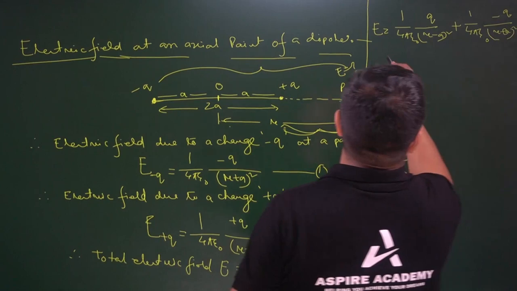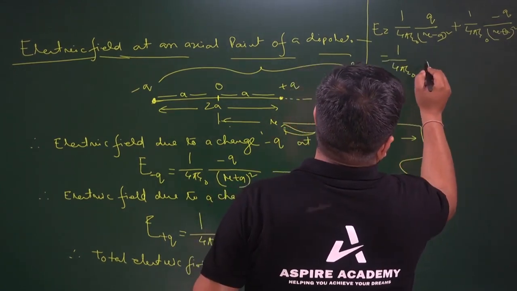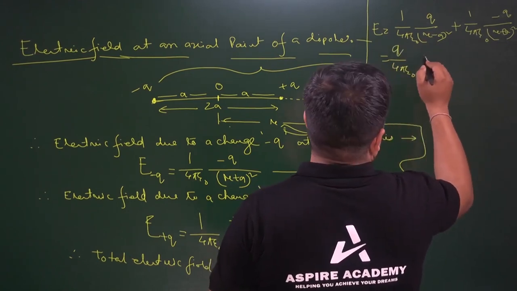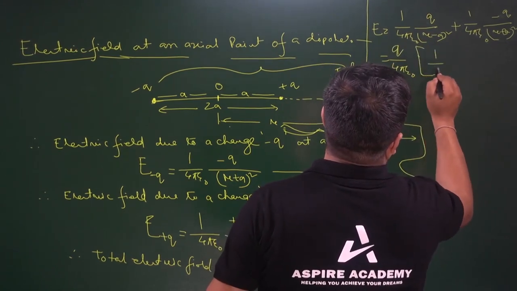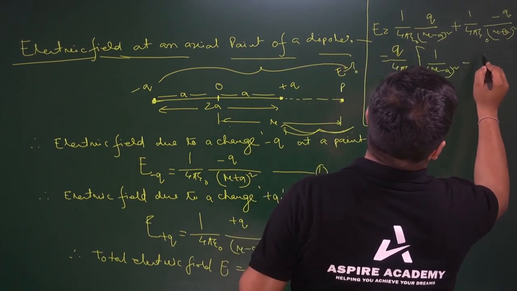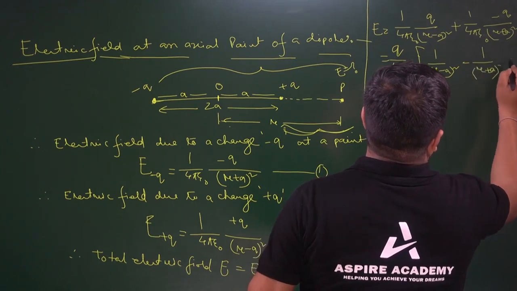So we can take Q by 4 pi epsilon naught common: 1 by (R minus A) whole square minus 1 by (R plus A) whole square.